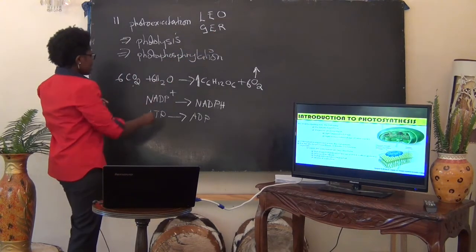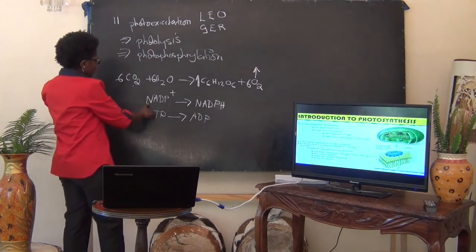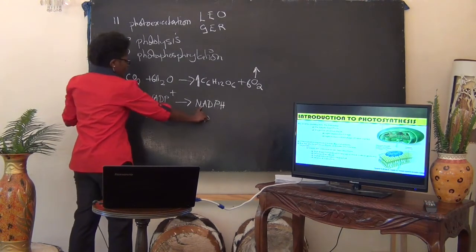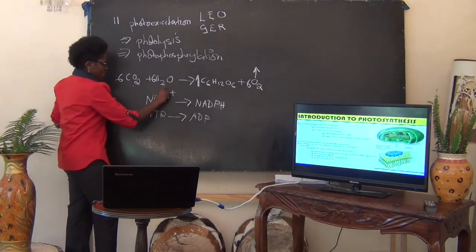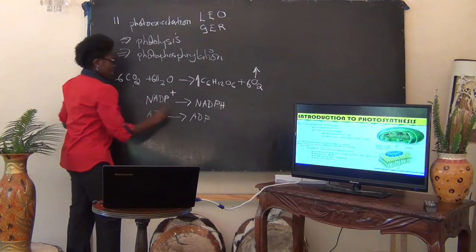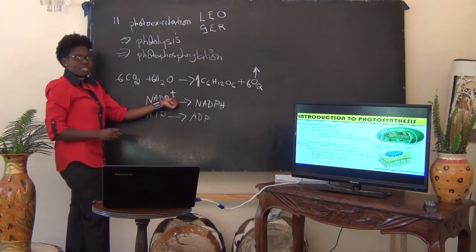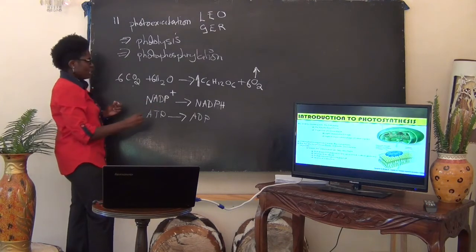So I want to see what is happening during this process, where our molecule is changing from NADP plus to become NADPH. As you can look at this last end where you've got a plus, what it basically means is that this molecule has donated an electron. So in other words, it has lost an electron.